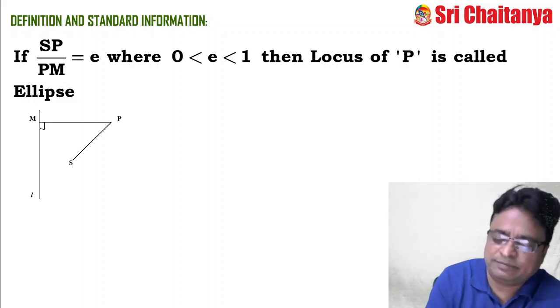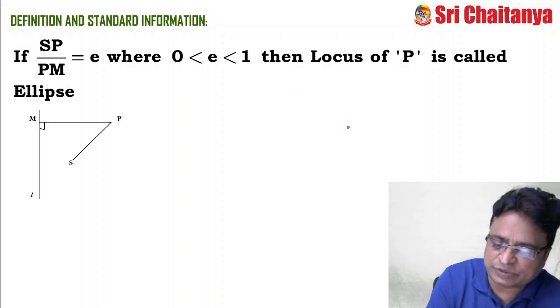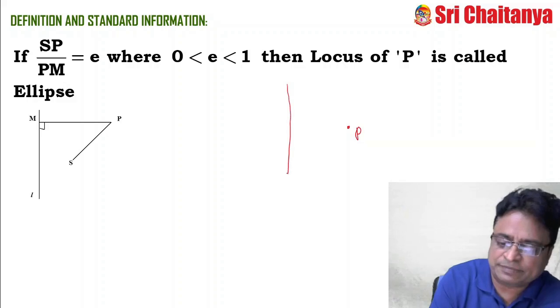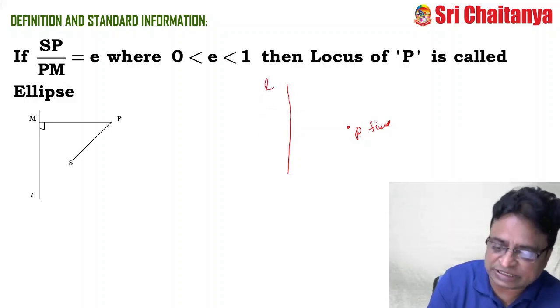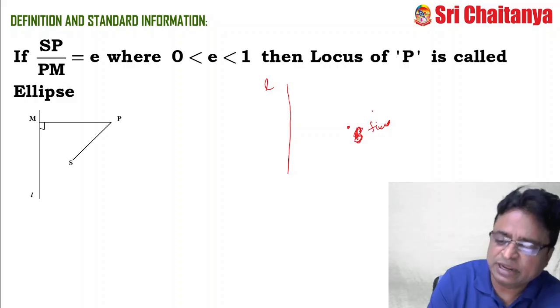Suppose this is the plane and this is a fixed point, let it be S, and this is the fixed line. This line you call L. This fixed point is S, and this is the fixed line L. And this is some variable point P.